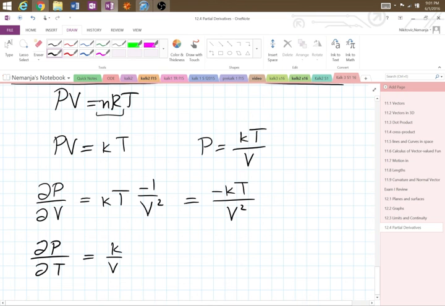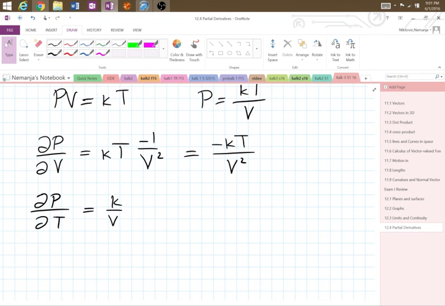Does anyone remember related rates from the good old days? You see how you have K over V over here? Technically, we're not going to be doing this, unfortunately, but you can combine this and get a related rates problem going.